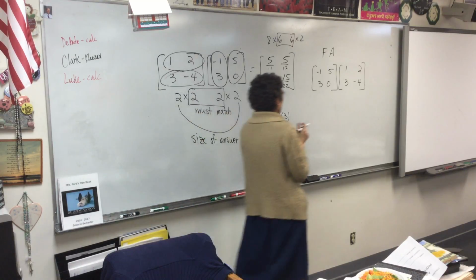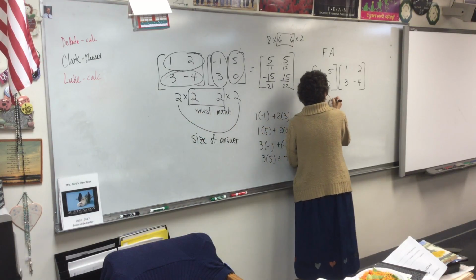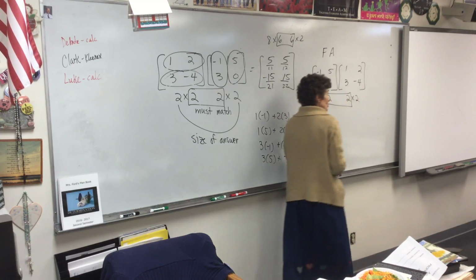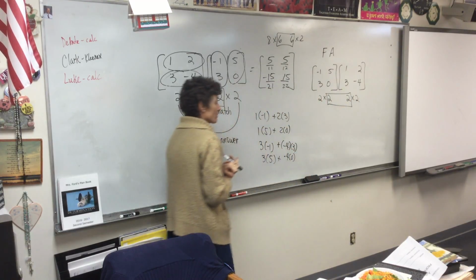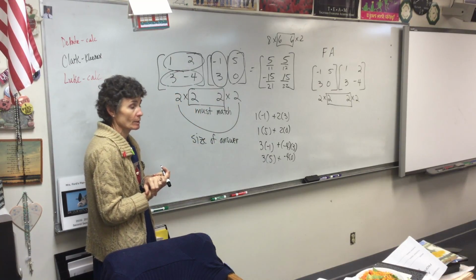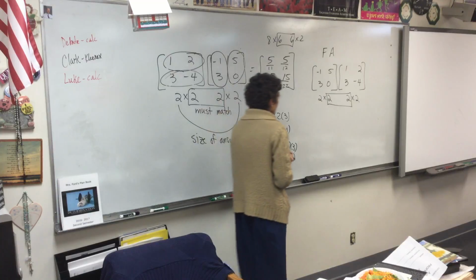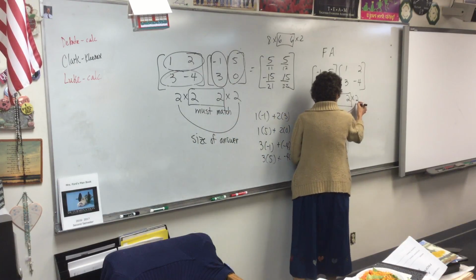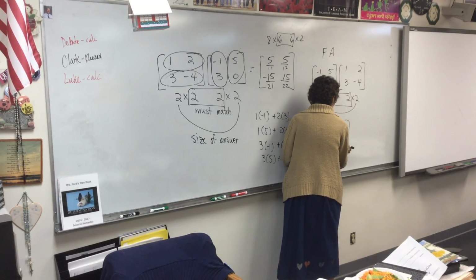Yes, because this is 2 by 2, and this is 2 by 2, and those match. Remember, that's the rule. Those have to match. Now, the answer is going to be another 2 by 2.